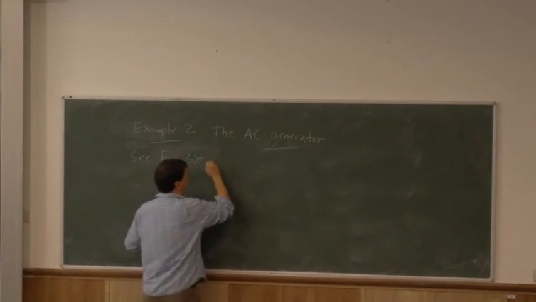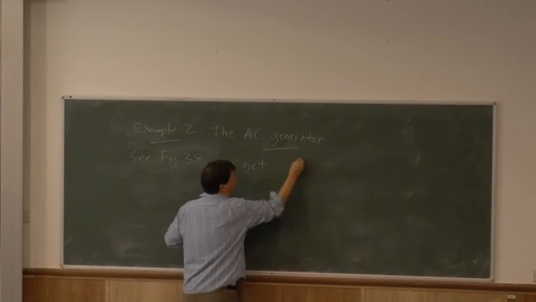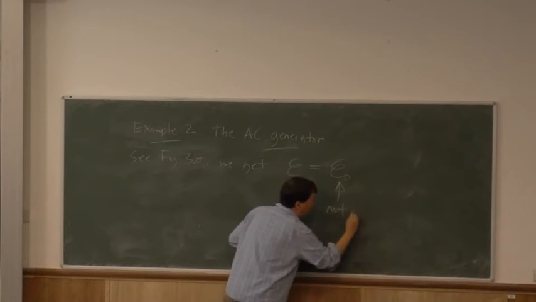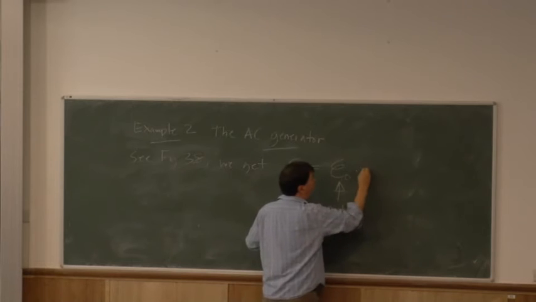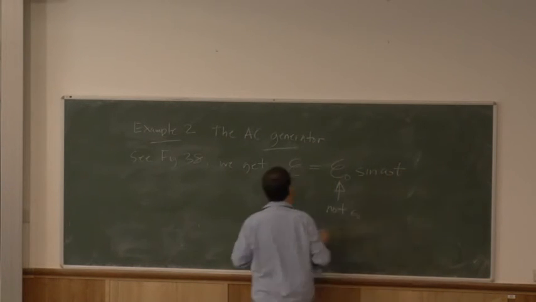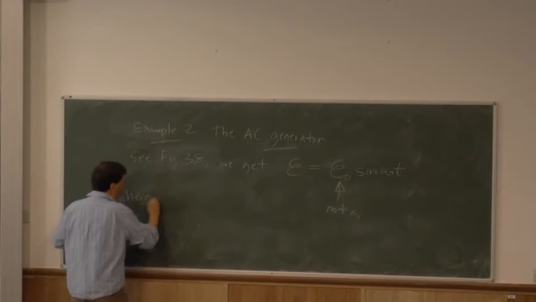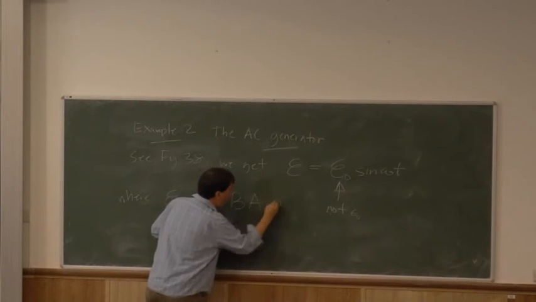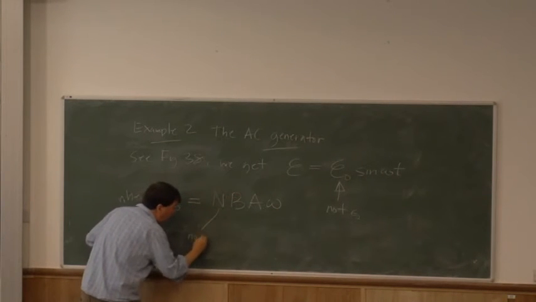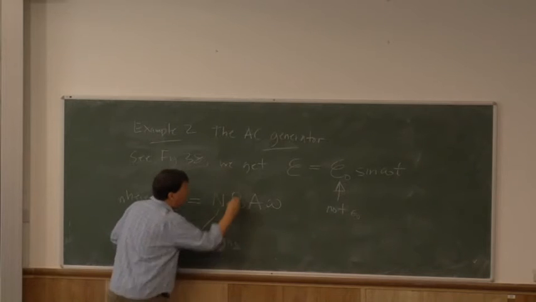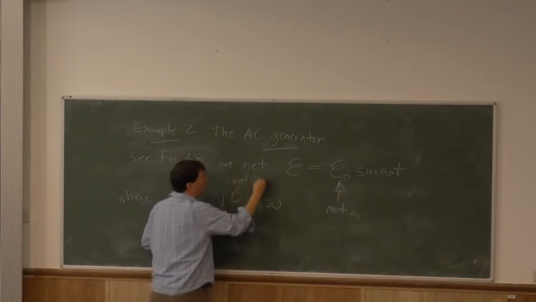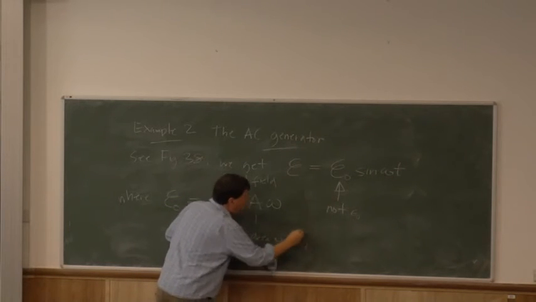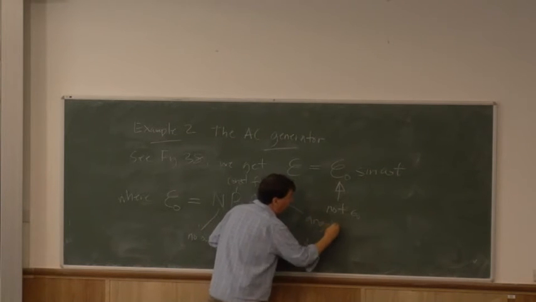We went through it: epsilon is epsilon naught sine omega t, where the magnitude of the EMF that we produced is N B A omega, with the symbols as follows: number of turns in the coil, constant magnetic field, area of coil, and angular frequency of coil.